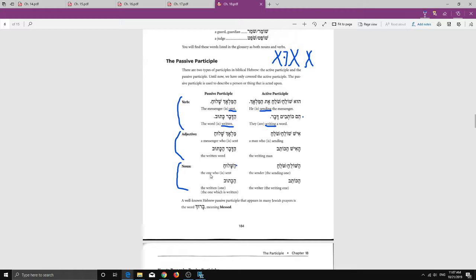Okay. Last example, hakotev is the writer, the one who writes, the writing one. And hakatuv is the written one, which is written, or the thing which is written. Hakatuv.